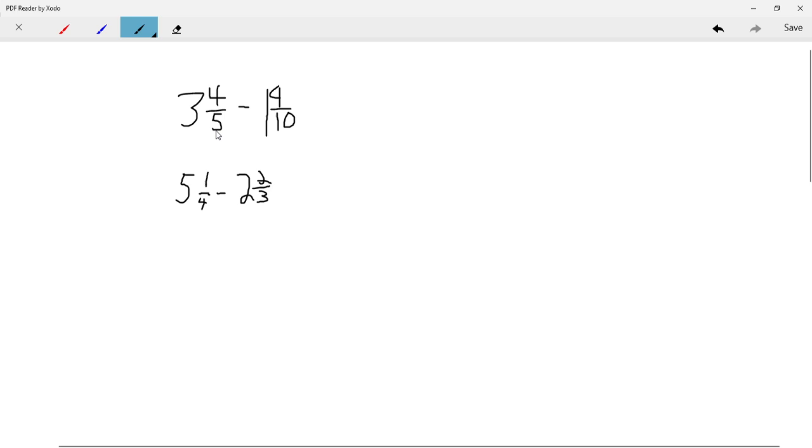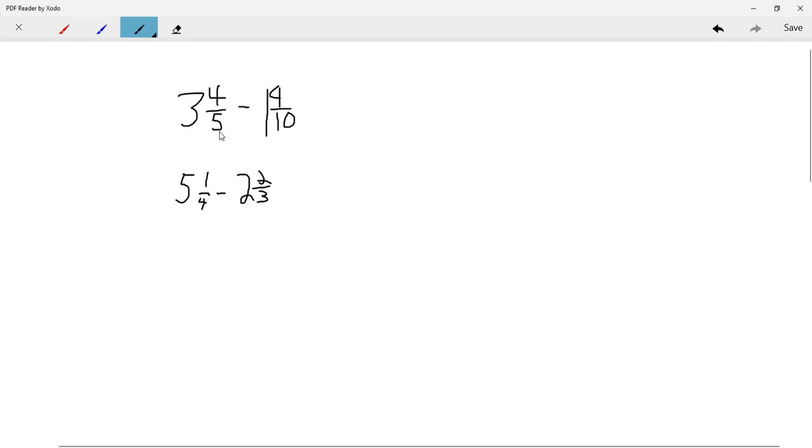You could also turn them into improper fractions and then find the common denominator after, but you're going to end up working with larger numbers, so it actually would probably be harder to do. So let's just find the common denominator for 4/5 and 9/10.